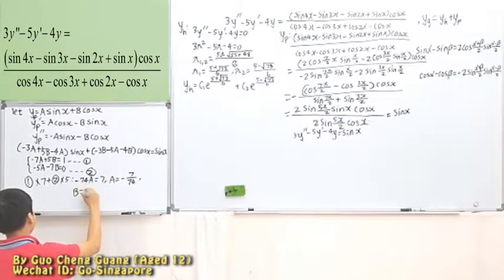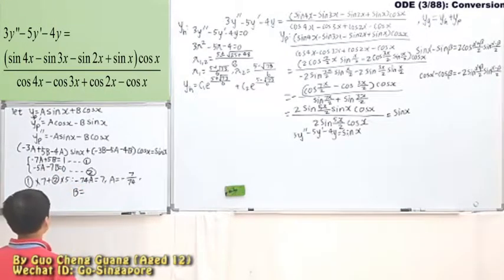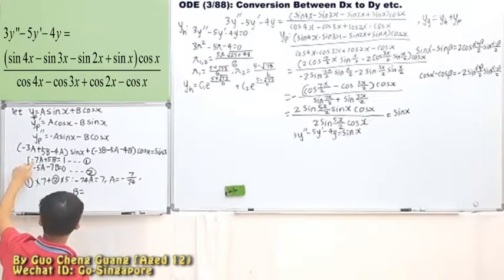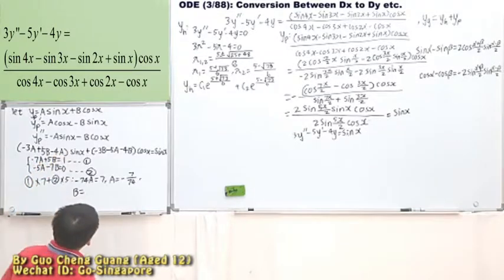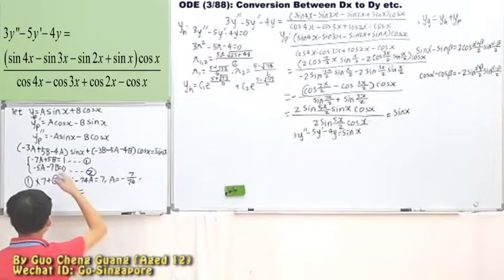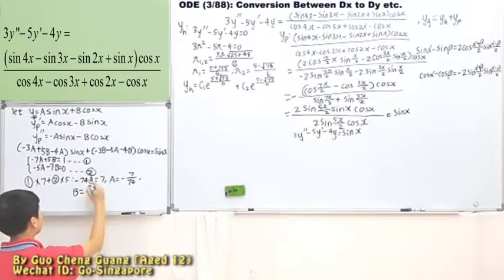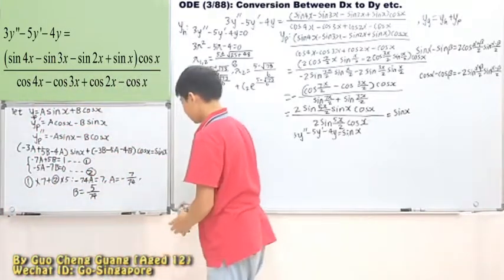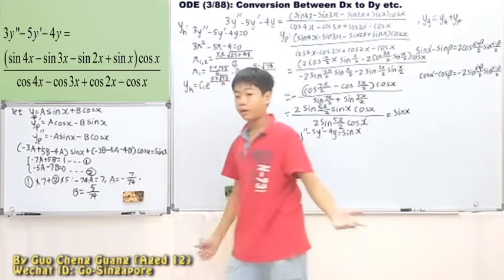Then for B, you just sub it into any one of them. For example, you can sub it inside here. So it will be 48 over 74. I mean 49 over 74. Change it to the other side. And then just divide. So that means this part will be 5 over 74. Okay, A and B found out.